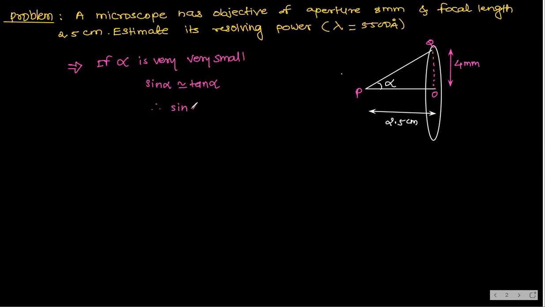And therefore, sine alpha is equal to 4 millimeter divided by 2.5 centimeter. Right? 4 millimeter divided by 2.5 centimeter. Calculate how much this will be. So this becomes 4/25, that is 0.16. This is the sine alpha.